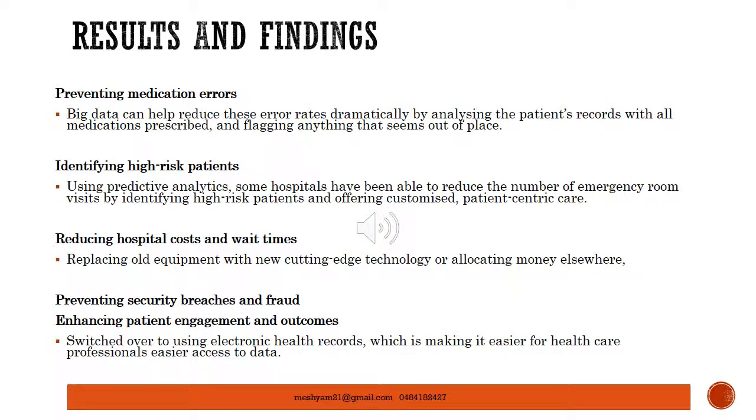Another is identifying high risk patients. We can use different predictive analytics tools to identify the high risk patients. After that, hospitals are reducing costs and wait times, replacing old equipment with new cutting edge technology, or allocating money somewhere else.